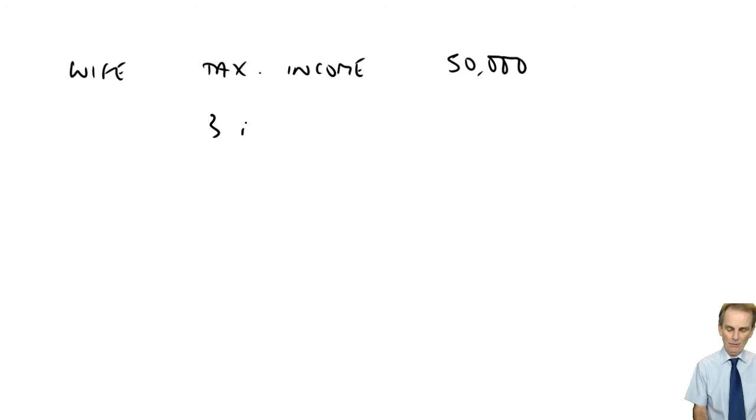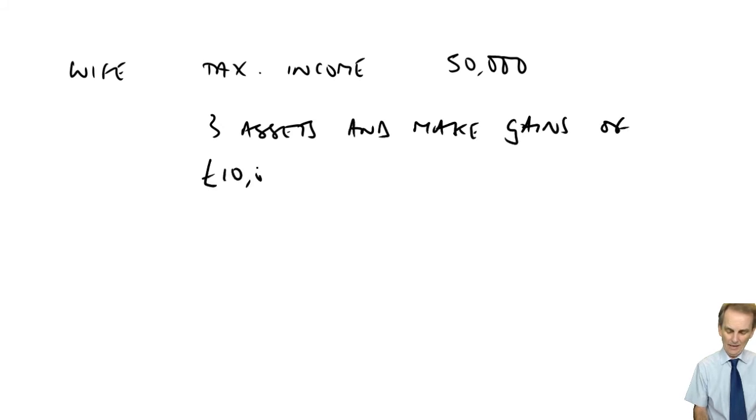And she is about to sell 3 assets and make gains of £10,000 on each of those assets.